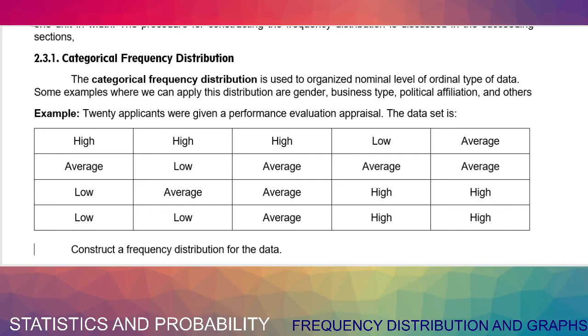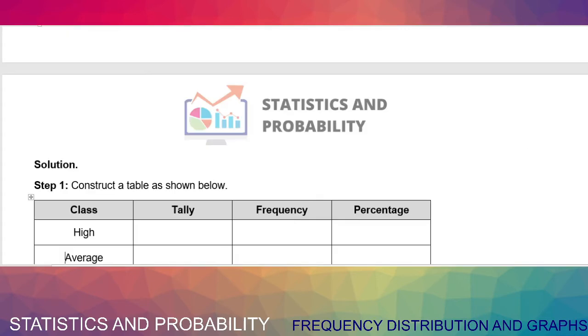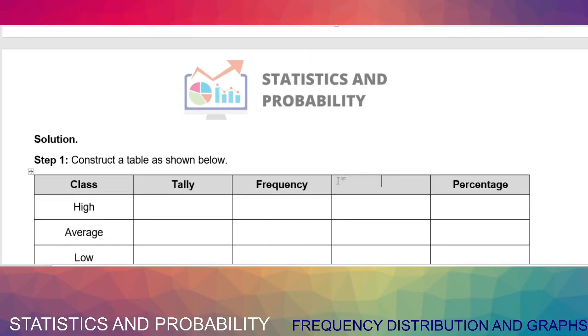So, we will now make the frequency distribution. But there are some things in the group frequency distribution that we can apply on categorical. So, in constructing a categorical frequency distribution, we have class, tally, frequency, relative frequency, and percentage.